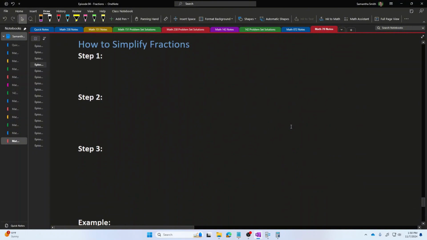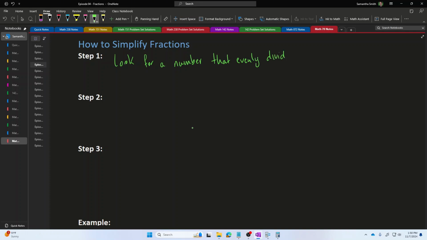So when you're simplifying the fraction, that's the process. Step number one is to look for a number that evenly divides both the numerator of your fraction and the denominator of your fraction.